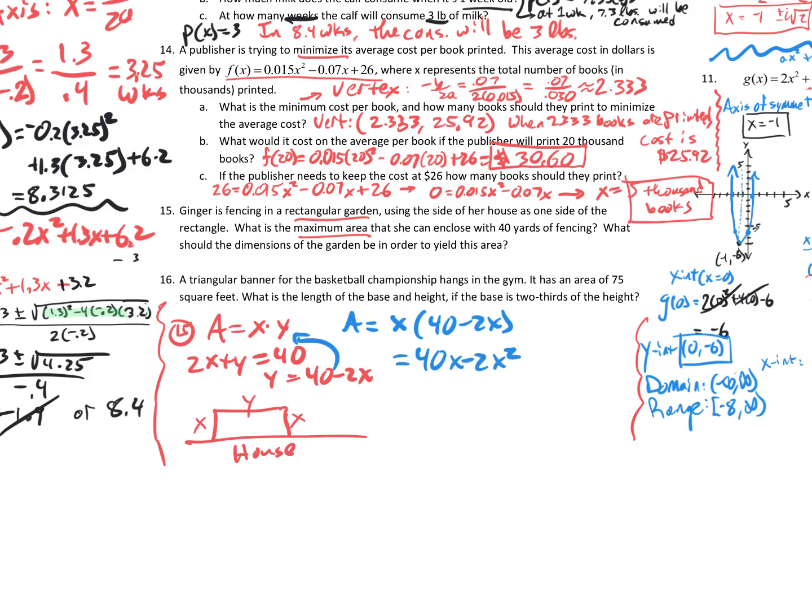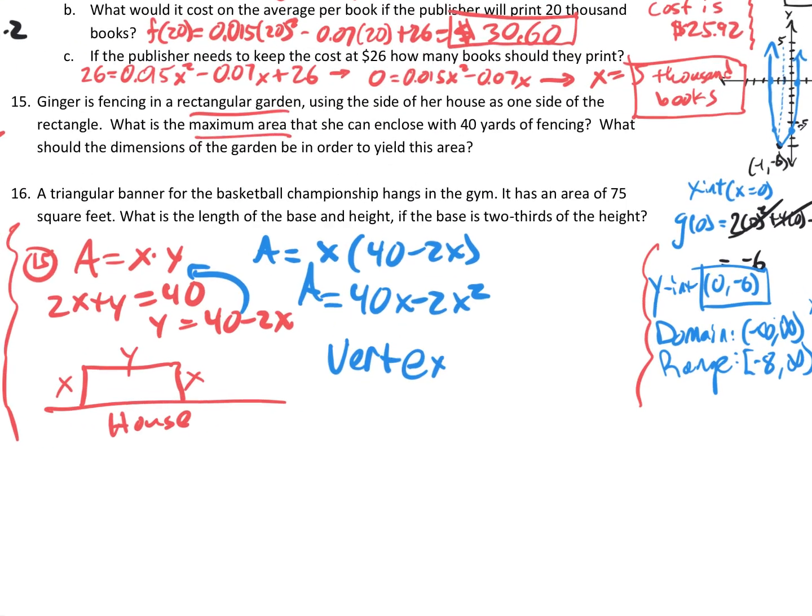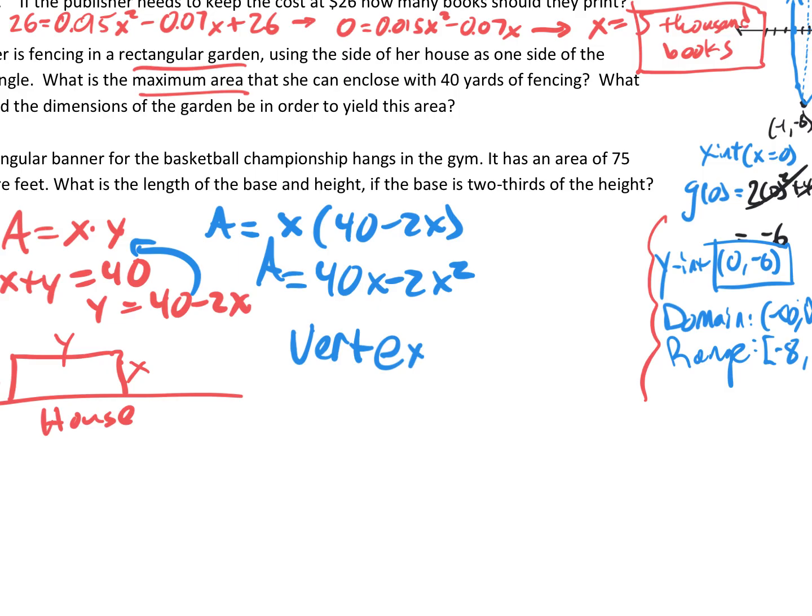Okay, now we've got a quadratic equation. If we want to find the maximum, we can find the vertex. Well, how do we find the vertex? To find the vertex, we need to find the axis of symmetry first of all. The axis of symmetry is negative b over 2a. And then we're going to plug that in to find the function at negative b over 2a.